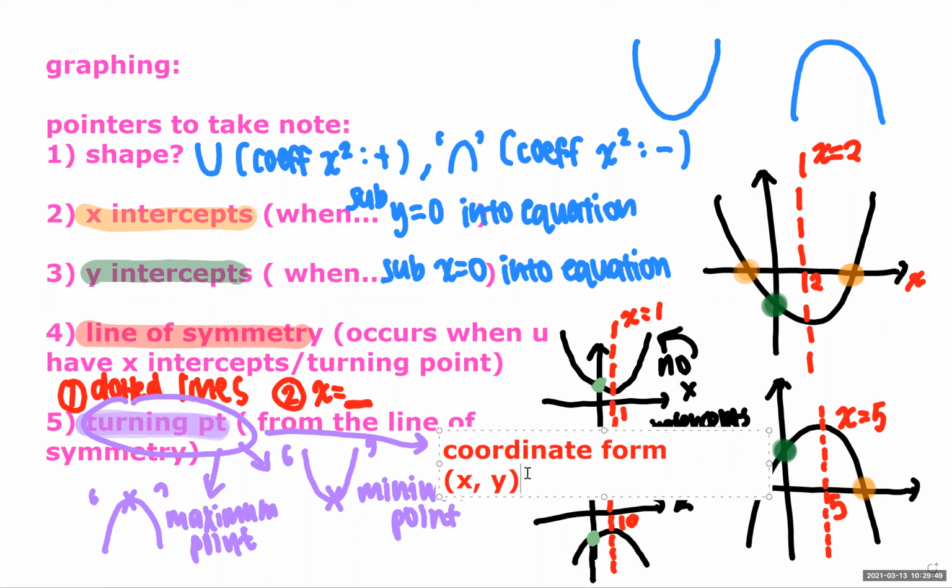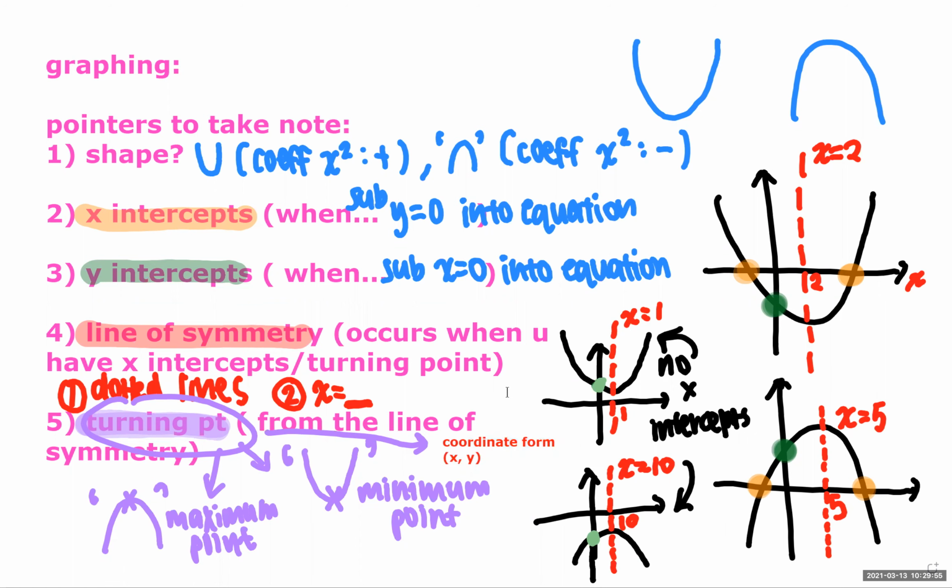Coordinate form means we need 2 values. We need the x value and we need the y value. Got it? So usually turning point occurs on the line of symmetry. I repeat, turning point always occurs on the line of symmetry.